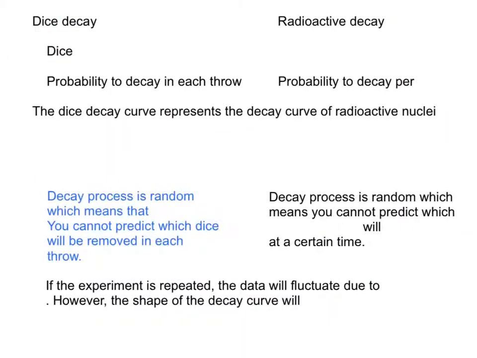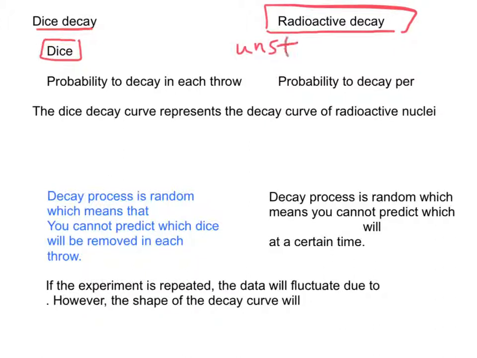Now let's compare dice decay and the real radioactive decay. In a dice decay, the decay substance is the dice. In radioactive decay, the decay substance is unstable nuclei. For a dice decay, we say the probability to decay in each flow.